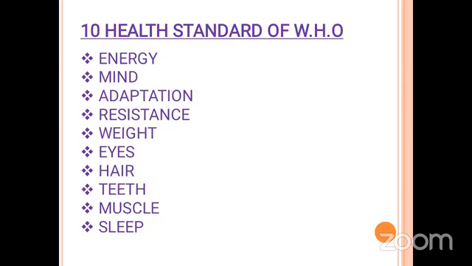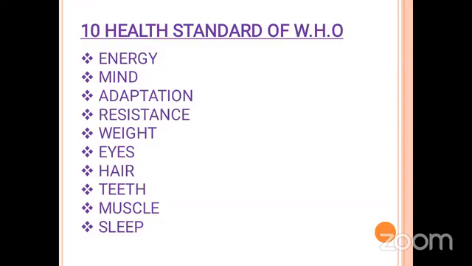Then the hair, this happens mostly to ladies. When they are making their hair, they have issues, their hair pulls off. It's a result of malnutrition. Then the teeth need calcium to be strong. The teeth need also so many other minerals that can help them perform effectively. Then as well as the muscle and good sleep.